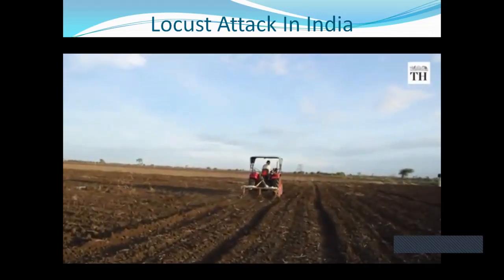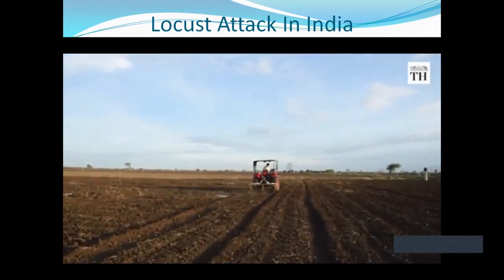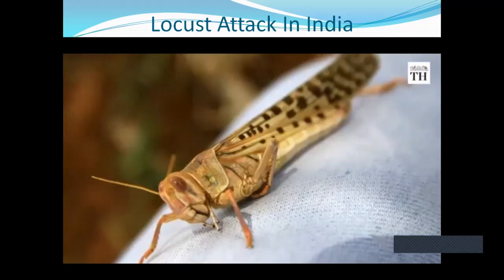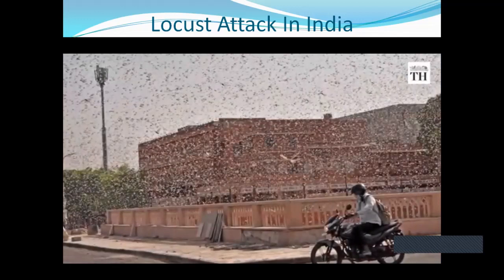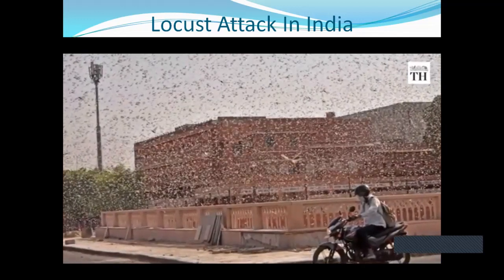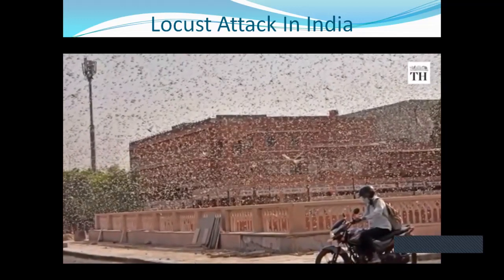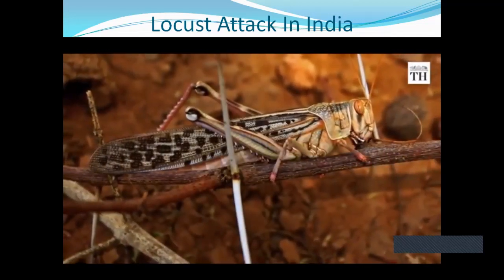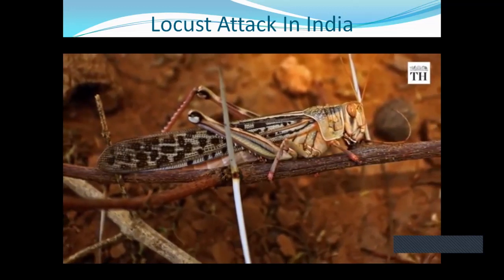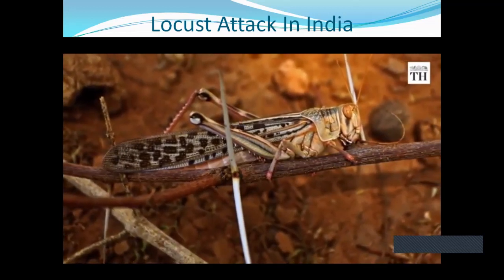Since the Rabi crop harvesting is over and the Kharif sowing season is yet to begin, they were unable to find any vegetation. They will now start laying eggs after the onset of monsoon and continue breeding for 2 more months. According to the Food and Agriculture Organization, the destructive power of a typical locust swarm can be enormous.